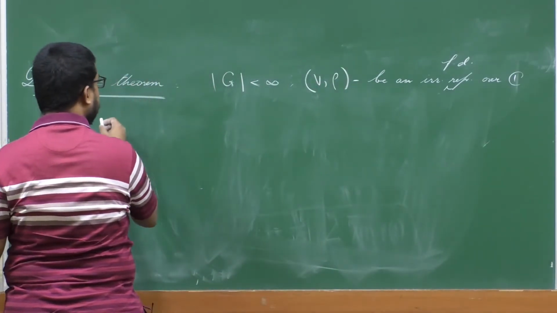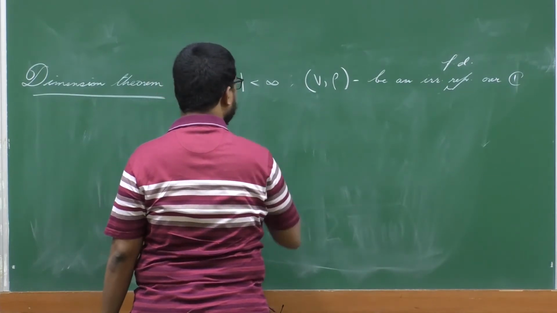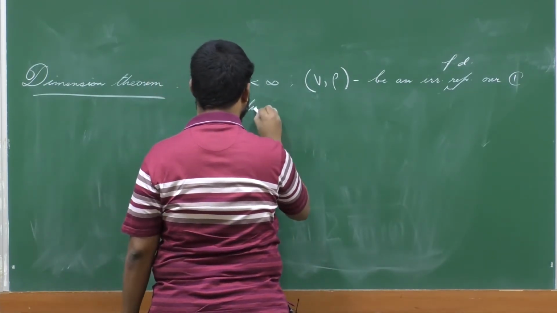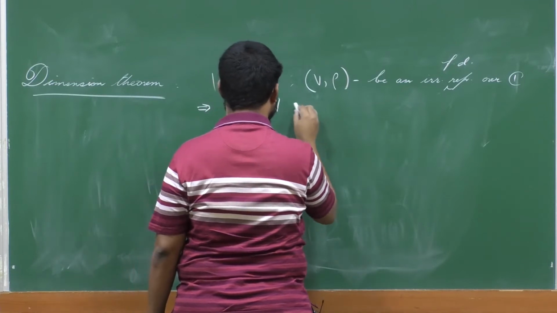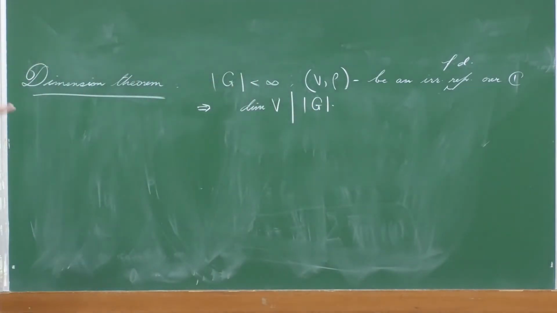Then the dimension theorem says that the dimension of V divides the order of G. Okay, we will prove this theorem.